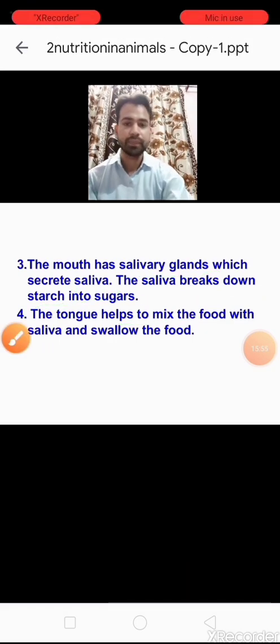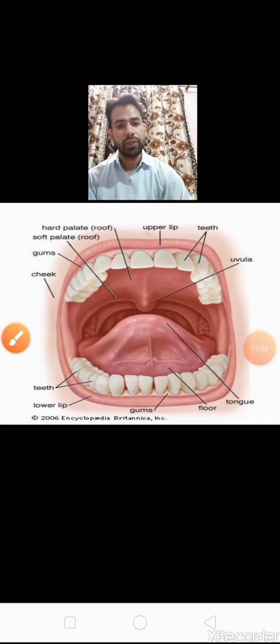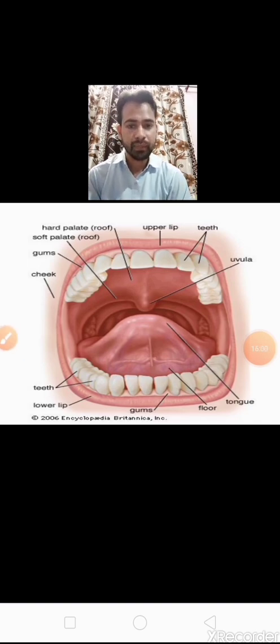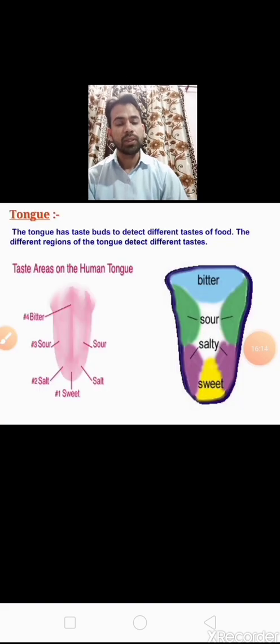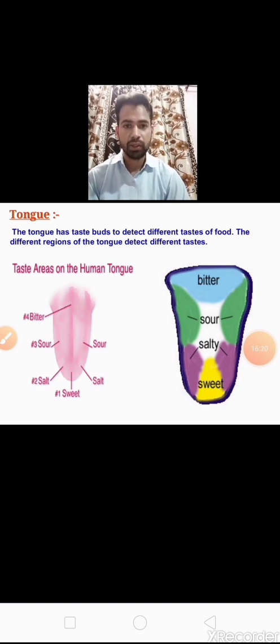Okay, children, now you can see the picture here. Teeth, tongue and salivary gland are found in the mouth. So first we'll discuss the tongue, then teeth.